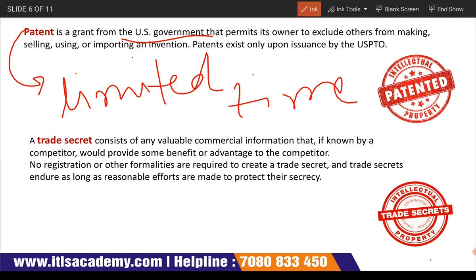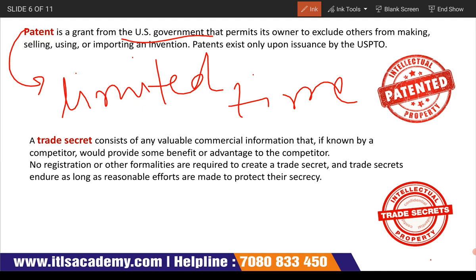It is very valuable commercial information given to protect one's invention. Trade secrets are intellectual property rights that carry confidential information which may be sold or licensed.